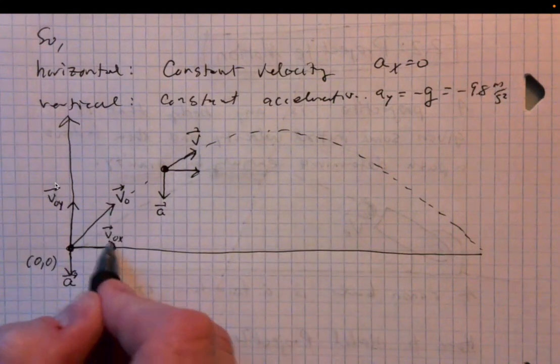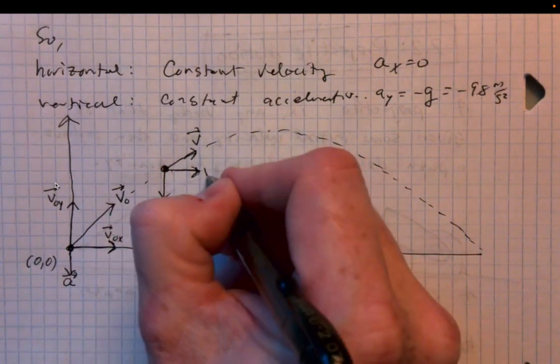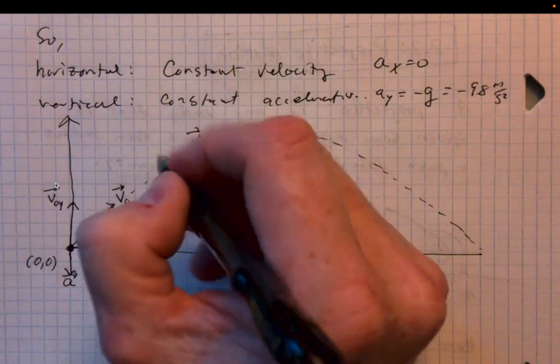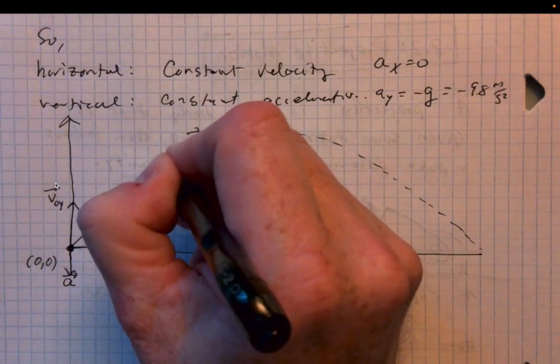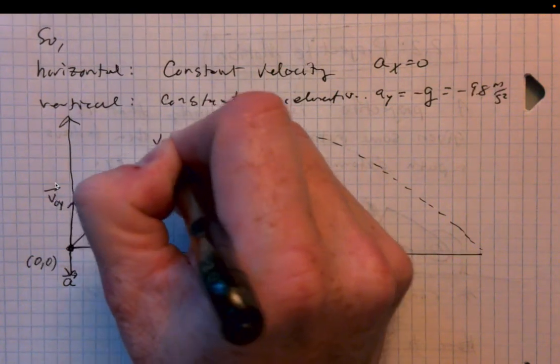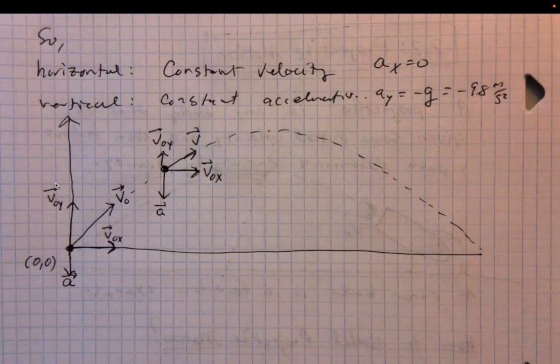So these are supposed to be the same length here. But the y component of velocity has decreased, right? The magnitude of that velocity has shrunk down. And that's because the acceleration is operating in the opposite direction to it. So gravity is slowing the ascent of this object.